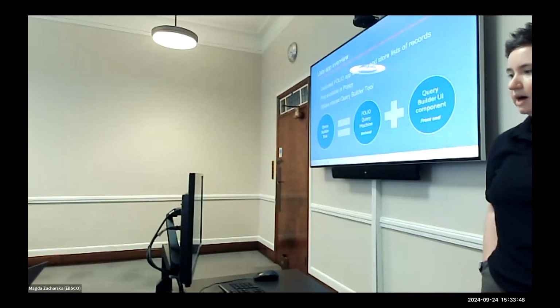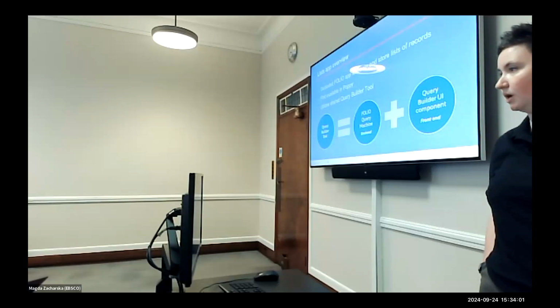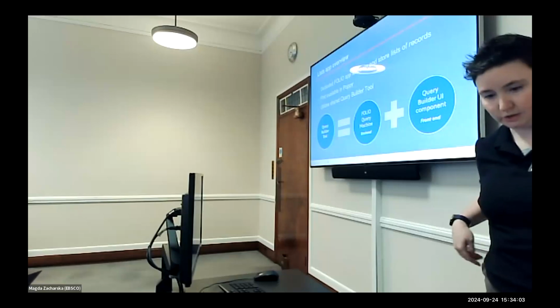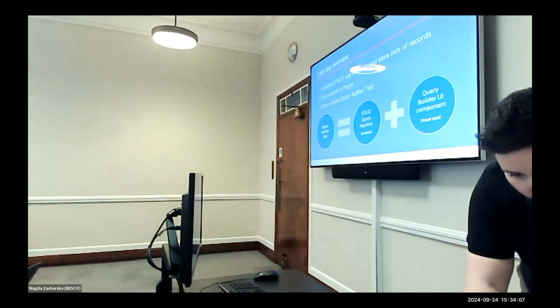This tool together is used both in the list app as well as in bulk edit, and it's available for any other Folio app. So it is not just specific to our apps. It can be used elsewhere. So I'm going to do a quick demo.